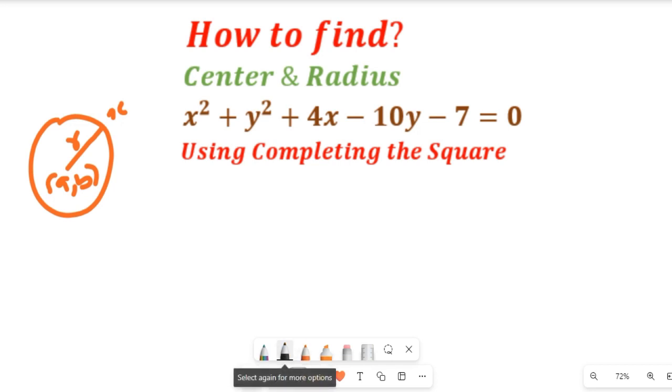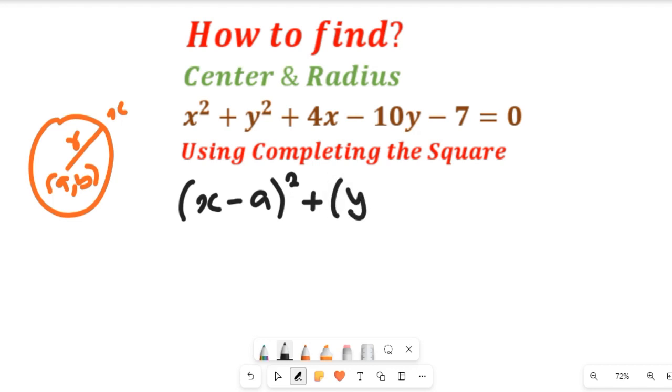This circle can have an equation like (x minus a) squared plus (y minus b) squared, and this will be equal to r squared. So this is the equation of a circle given the radius and the center.